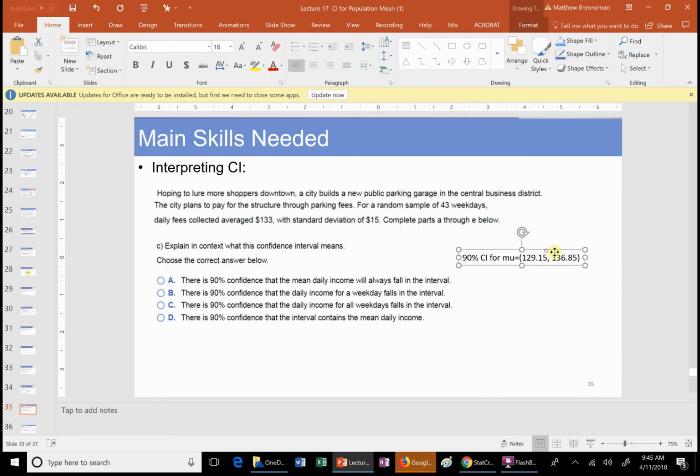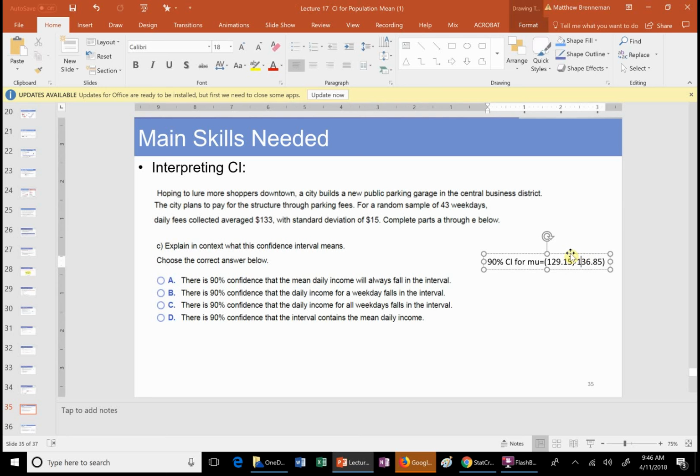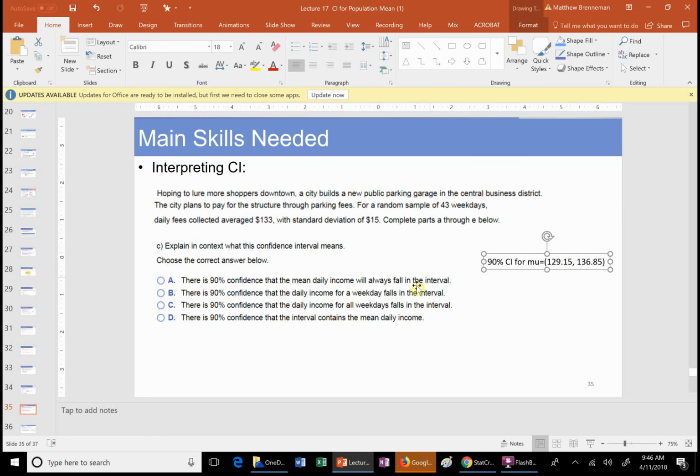So let's go through the different options. So the first option is there is a 90% confidence that the interval contains the mean daily income. So let me start with A and I'll work down towards D. Okay, there's 90% confidence that the mean daily income will always fall in the interval? And the answer is no. They're referring to this specific interval.